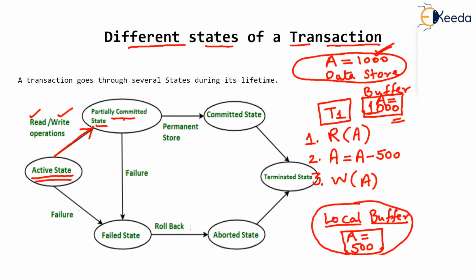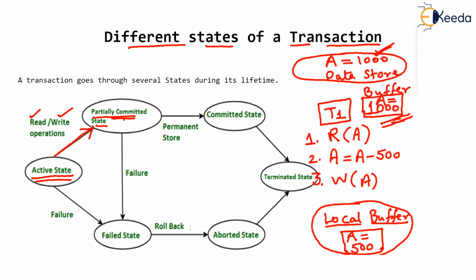Now observe, I am underlining over here, this buffer is still having A equal to 1000. Please try to understand that. Now any such operation going on is called the partially committed state.